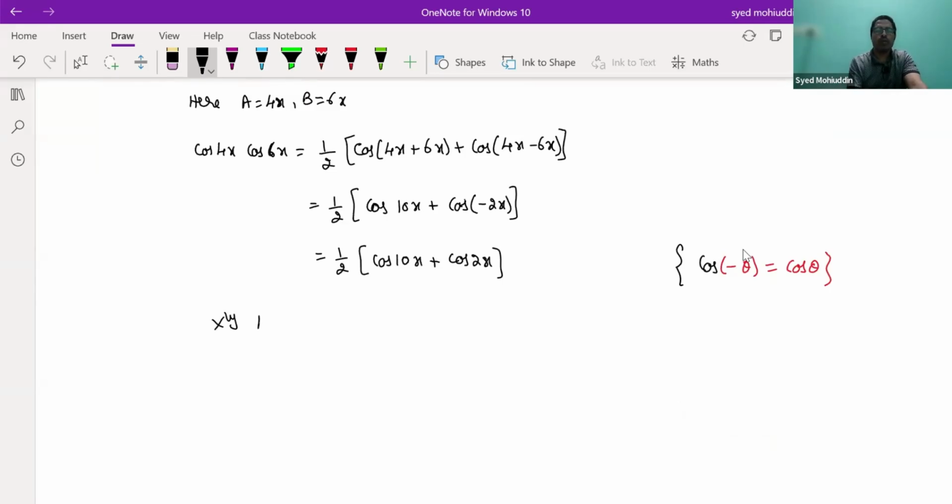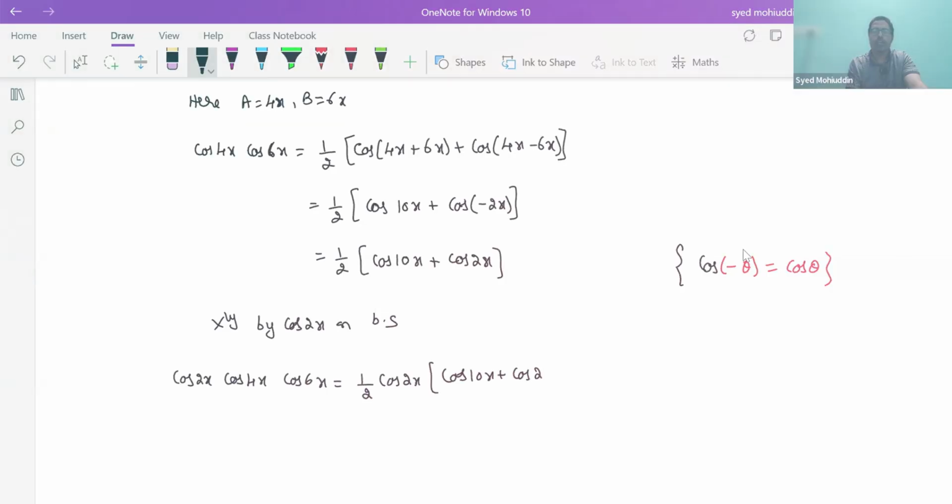If you multiply cos 2x on both the sides, you'll be getting cos of 2x into cos of 4x into cos of 6x is equal to half times of, I need to multiply by cos 2x, so cos of 2x into this value cos of 10x plus cos of 2x as it is. But now let me multiply this cos 2x inside.